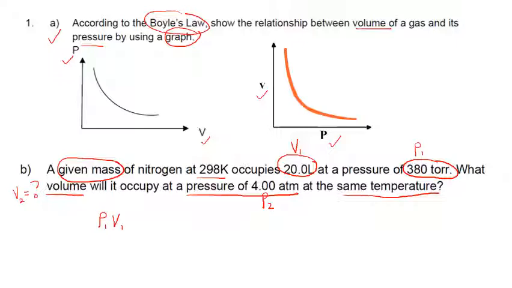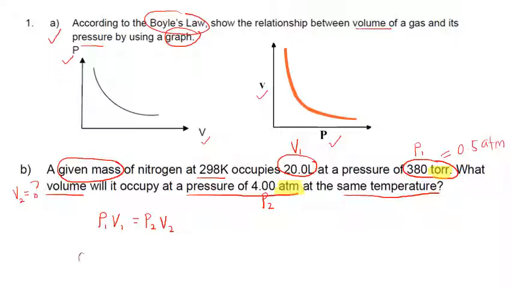We are going to use the formula P1 V1 equal to P2 V2. However, you can notice over here that the unit for the pressure, one is in atm and the other one is in torr. So you have to change either one of these so that they have a similar unit for the pressure. So we are going to change 380 torr, which is basically equal to 0.5 atm.